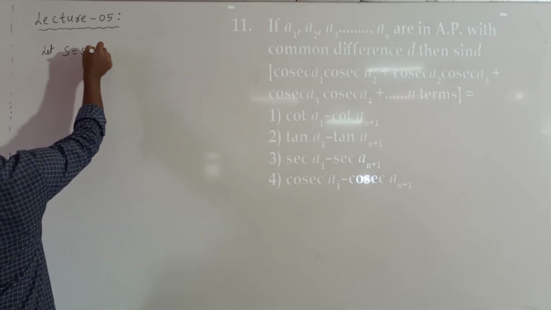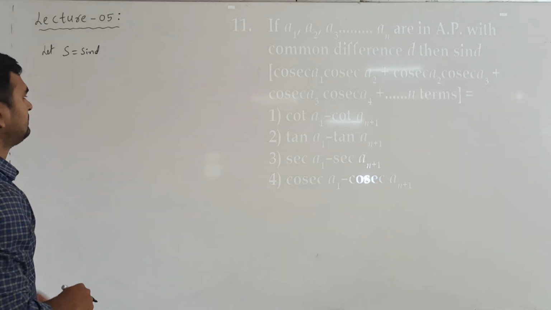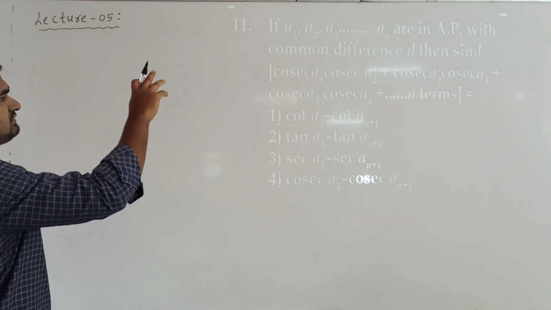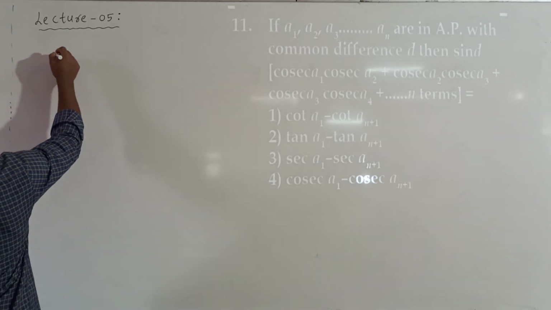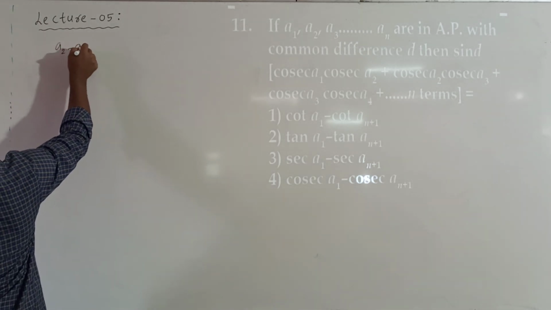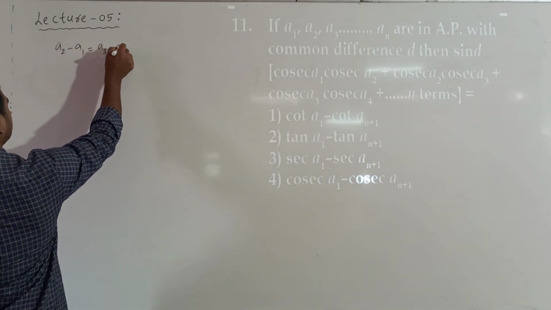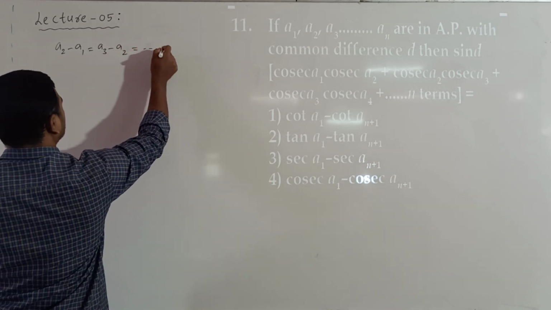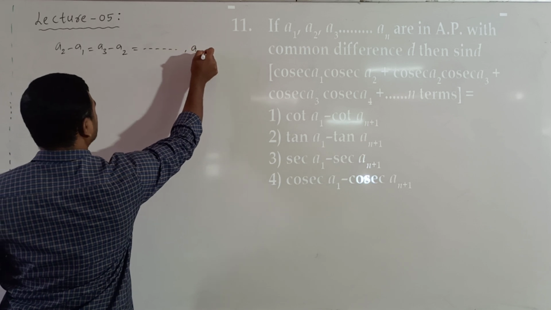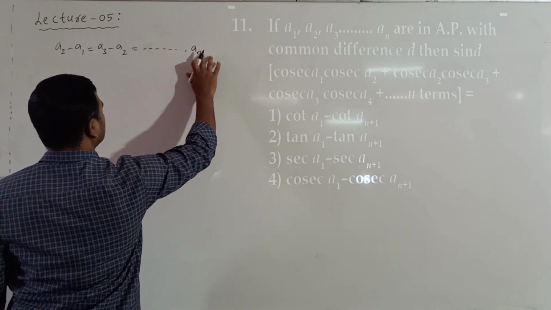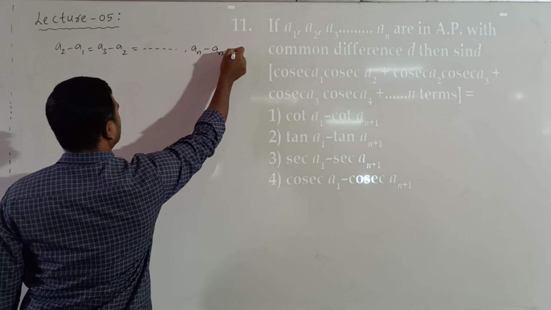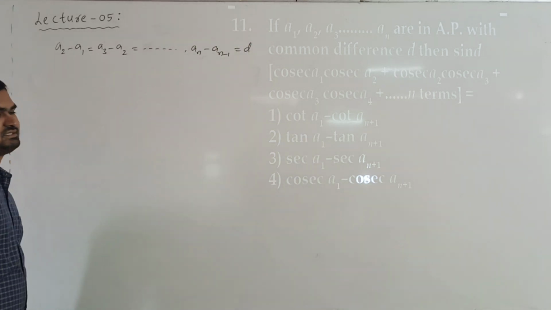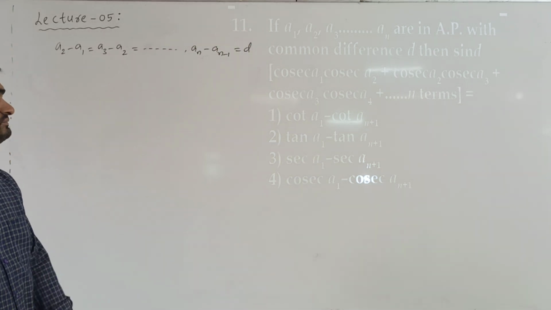Before that, given that the terms are in AP, you can write A2 minus A1, A3 minus A2, and so on up to An minus An minus 1. The difference is always the same, which is equal to d, given.